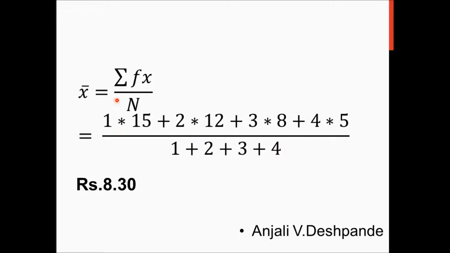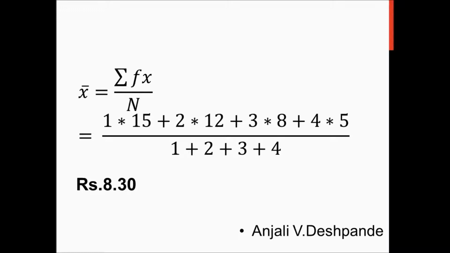And here the summation fx, why we are calling it like this: each part is multiplied by the price of that particular chemical for 100 grams. So chemical A was 15, so 15 multiplied by 1 part, plus chemical B 12 multiplied by 2, plus chemical C 8 multiplied by 3, plus chemical D, whose price is 5, multiplied by 4, that is the ratio of the part in which it is present in that compound.